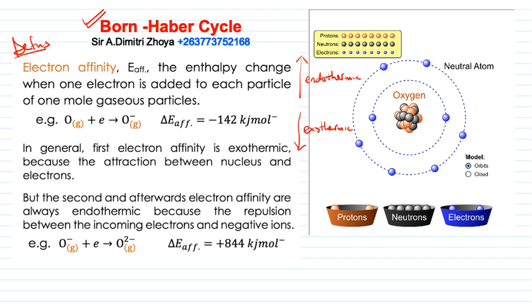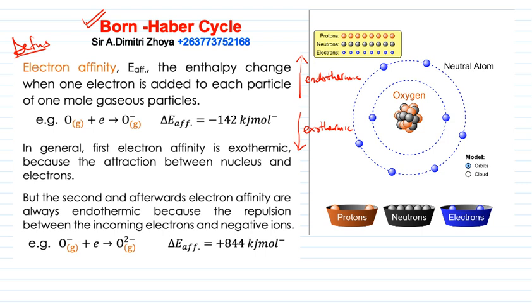So in general, electron affinity is the enthalpy change when one mole of electrons is added to one mole of gaseous particles. So we have first electron affinity. For first electron affinity, we are adding one mole of electrons to one mole of gaseous atoms.